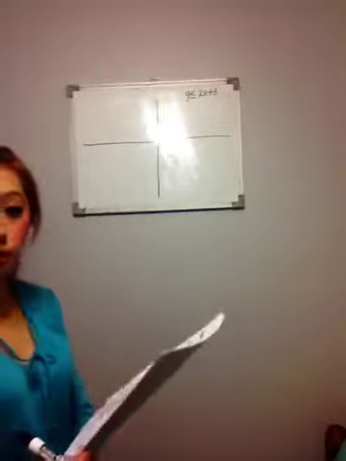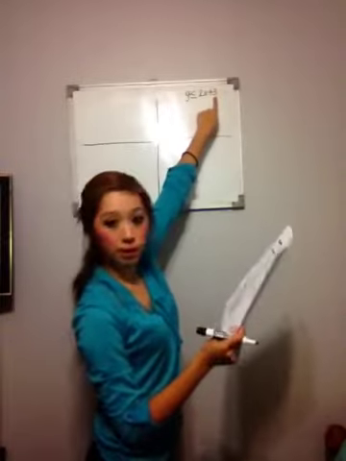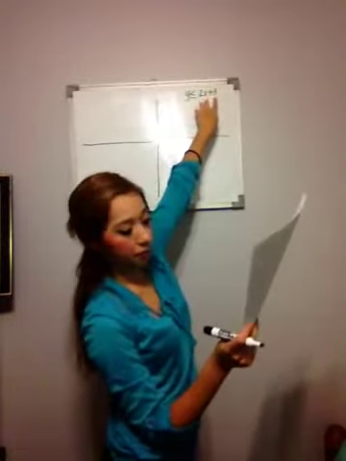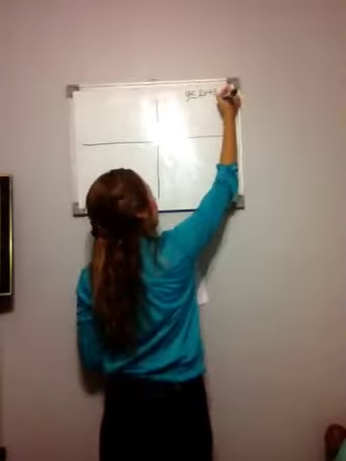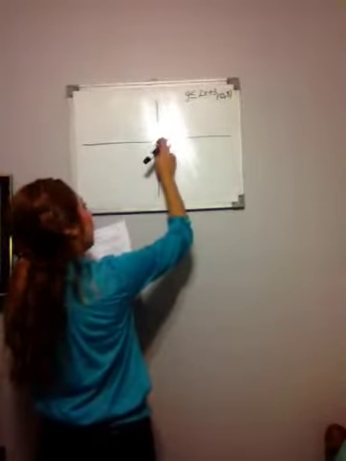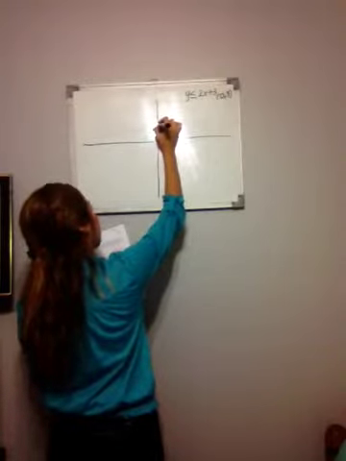So, in order to graph this, we must look at the number that does not have a letter, and this is your y-intercept. So you put this into a point which is 0, 3, and you graph that. So it's at 0, and you go up 3. 1, 2, 3. That's your first point.